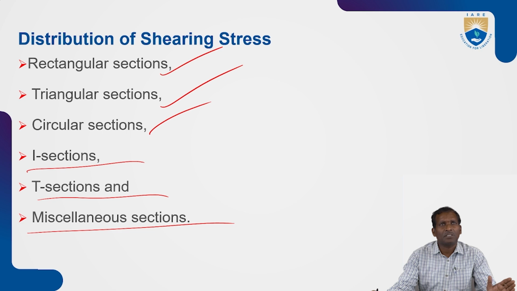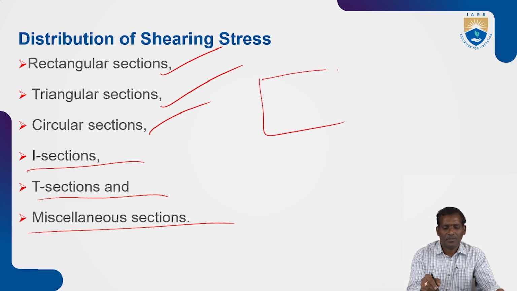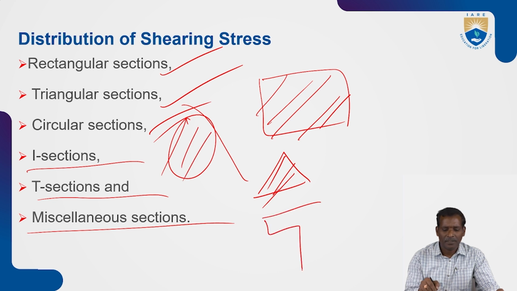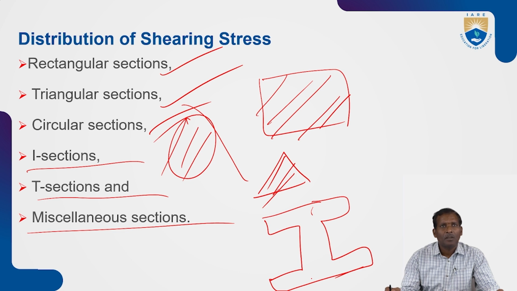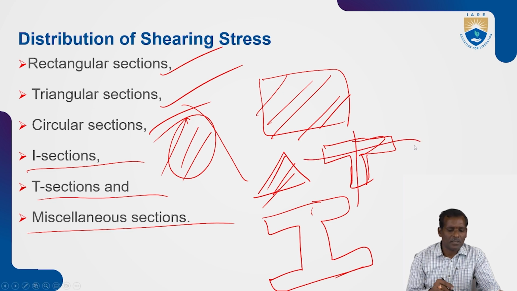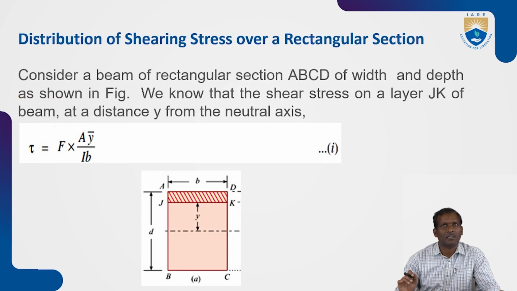What is the shear stress distribution in a rectangular section, in a triangular cross section, a circular one, an I section and a T section? If there are any miscellaneous sections, we will discuss them. First we will see the rectangular cross section.